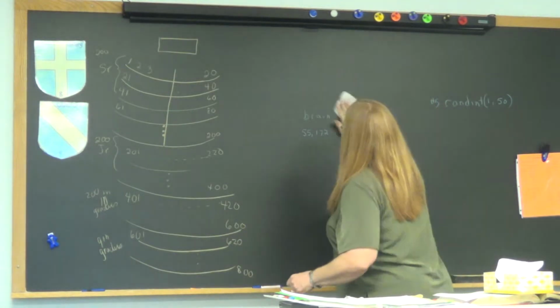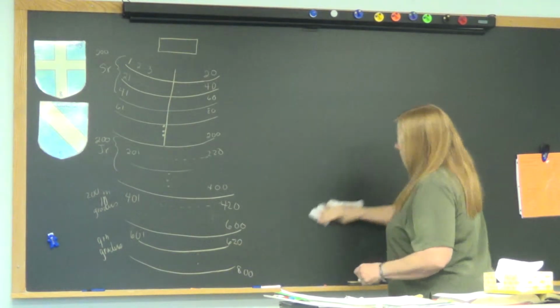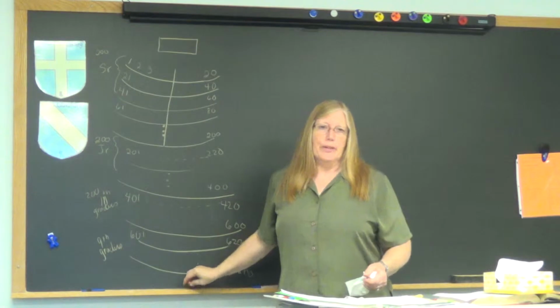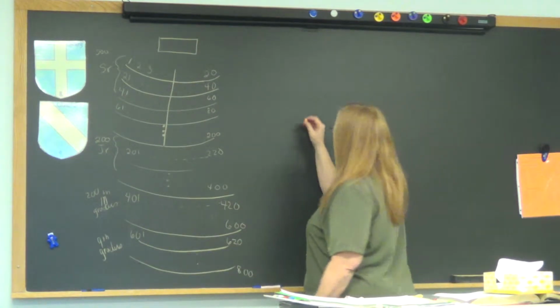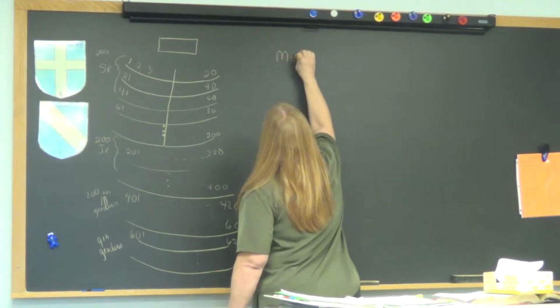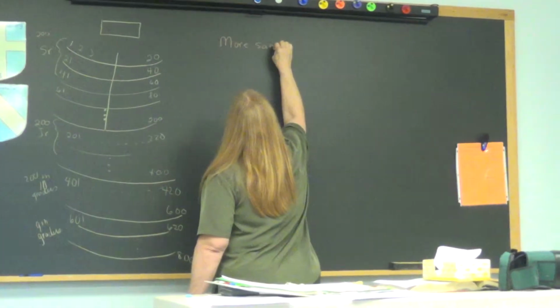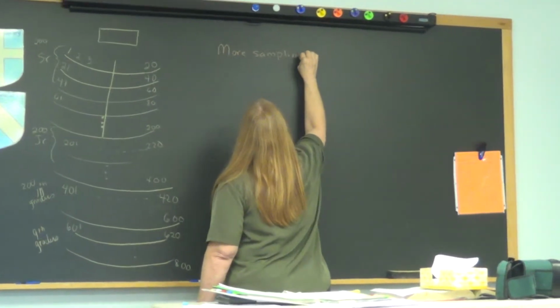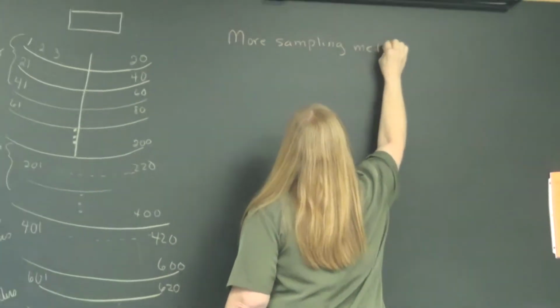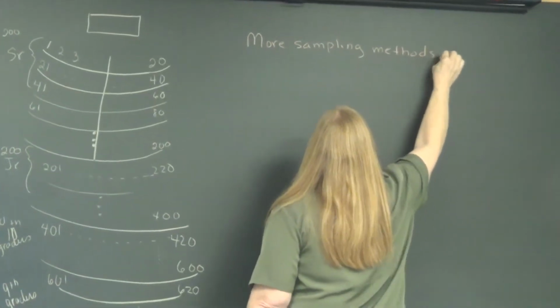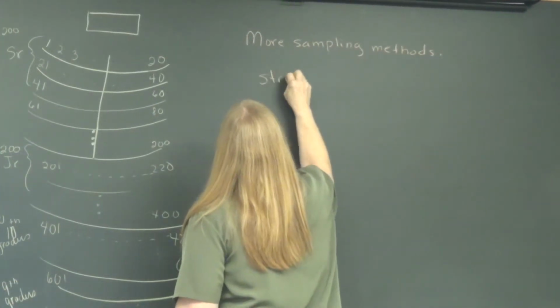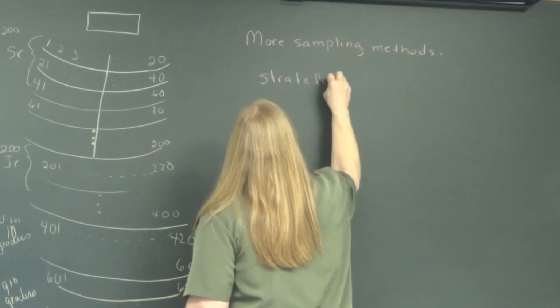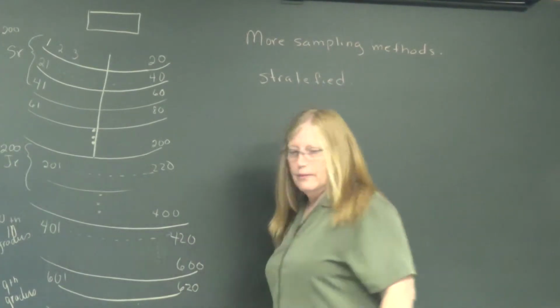So let's look at our next way to make a sample. Let's call it more sampling methods. And the first one, there's only two today, is stratified.